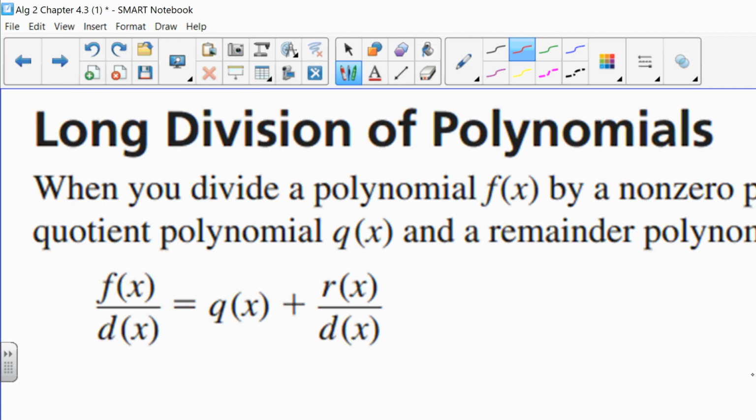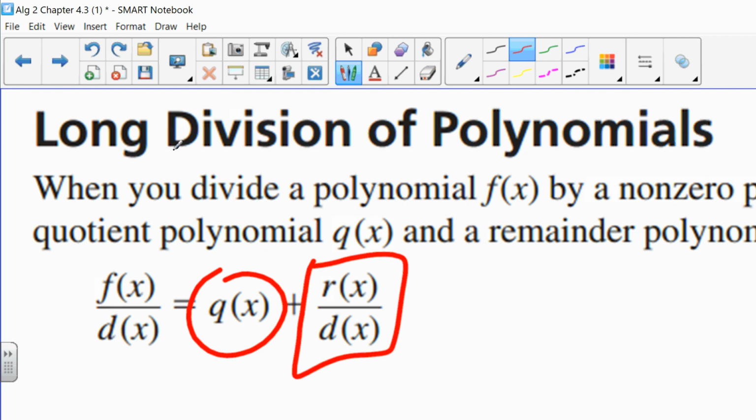So this here is going to be very similar to what we do for dividing polynomial functions. When you divide a polynomial function f of x by a non-zero polynomial divisor d of x, you get a quotient, whole number, and then a remainder over the divisor, what we're dividing by.